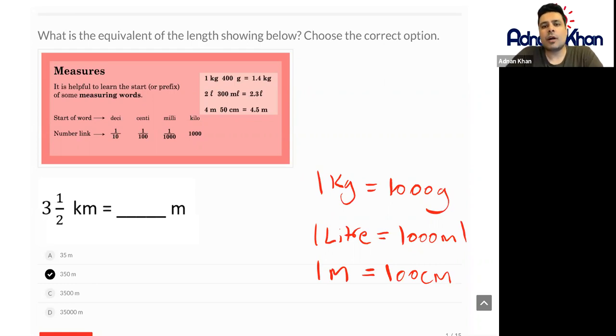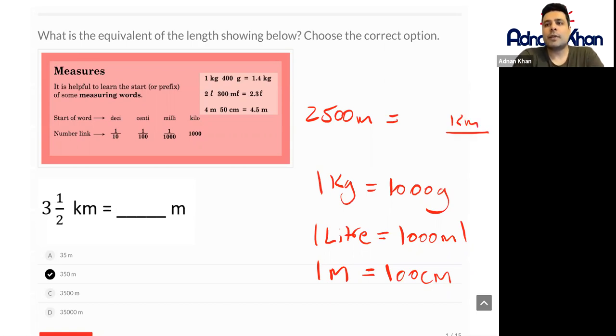So first of all, when you calculate how many meters there are in a kilometer, just make sure that if you're converting between them, you will either multiply by 1,000 or you will divide by 1,000. So let's say, for example, we have 2,500 meters and we want to convert this into kilometers.